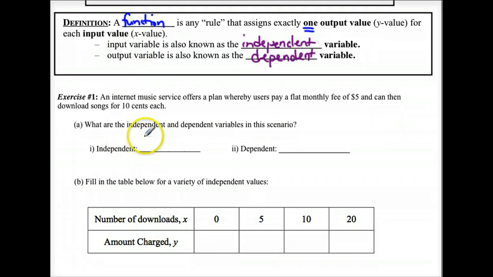In this case, it will be the number of downloads. And my dependent variable is going to be the amount charged. This amount depends on the number of downloads I did.